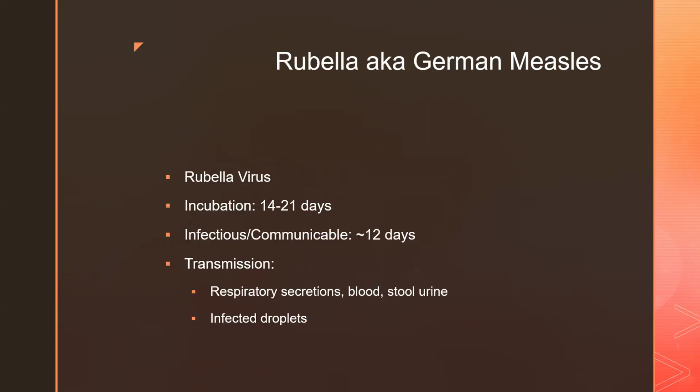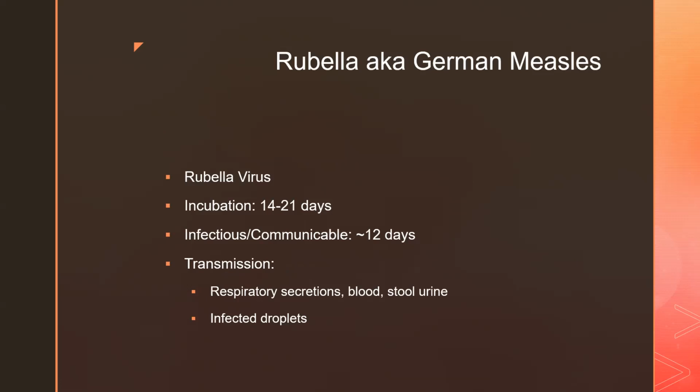Rubella, also known as German measles, so measles, mumps, and rubella. I believe I have mumps next, but anyways, it's caused by the rubella virus. Fun fact: incubation period can be anywhere from 2 to 3 weeks. And people are infectious and or communicable approximately 12 days. So we're talking about, I think it's more 5 days prior to the rash showing up to 6 to 7 days after the rash has shown up.